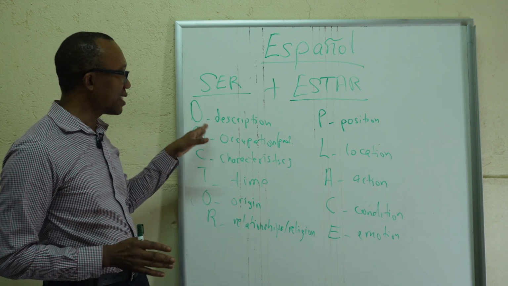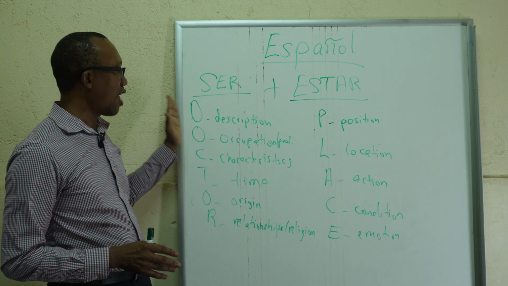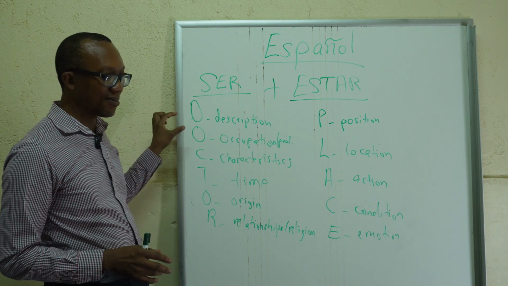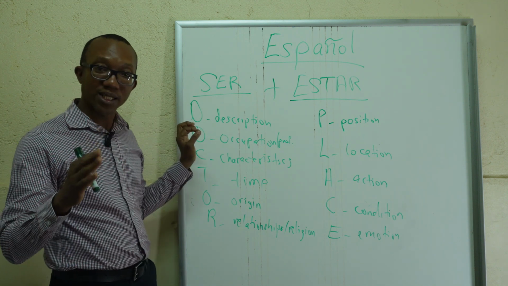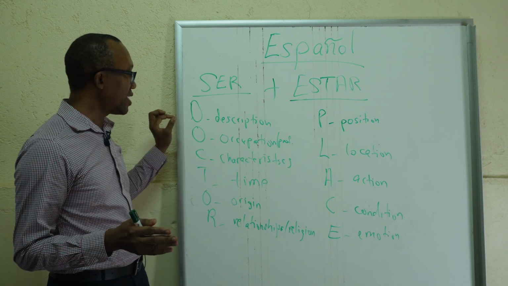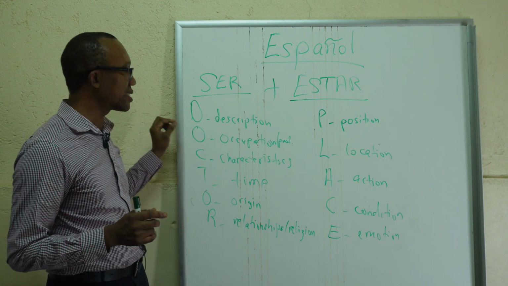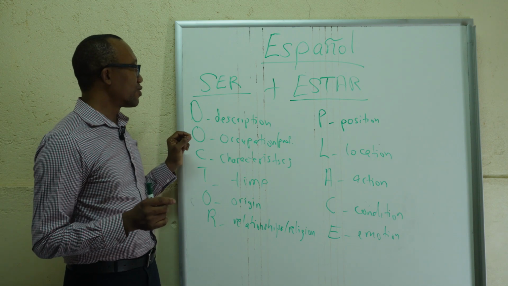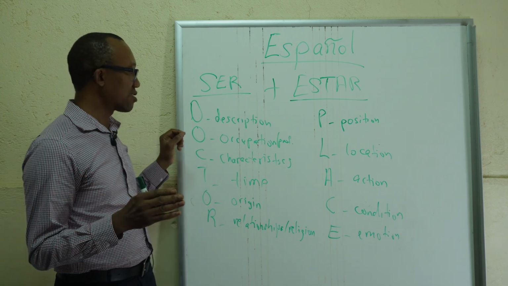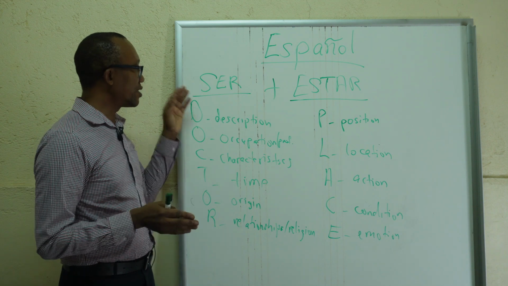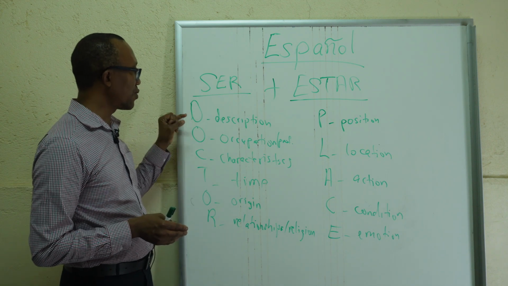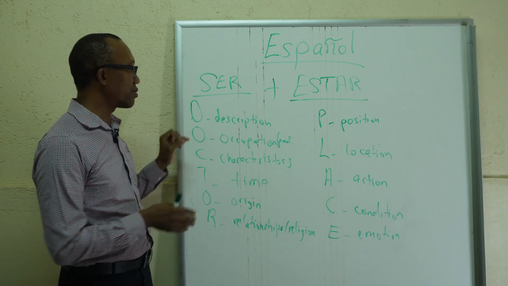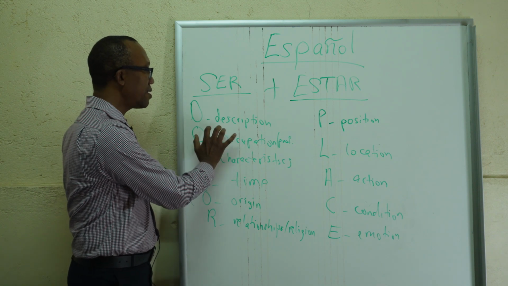Okay, so as you can see on the board, we have SER, and we actually have an acronym, and we should understand what's an acronym. It's a word that has letters, and each letter stands for a meaning to help you to remember the uses of whatever term. So the verb here is SER, and we use it when we are talking about description, describing people, things, or places.